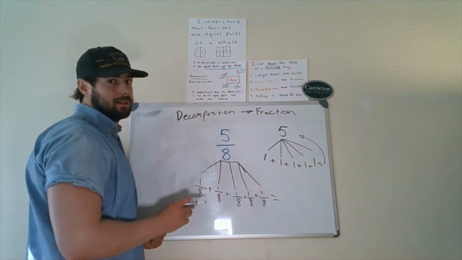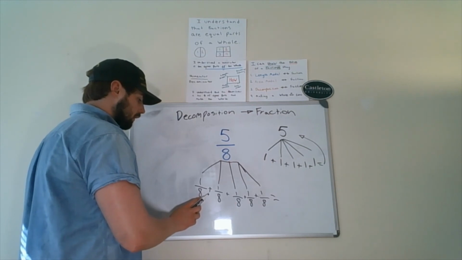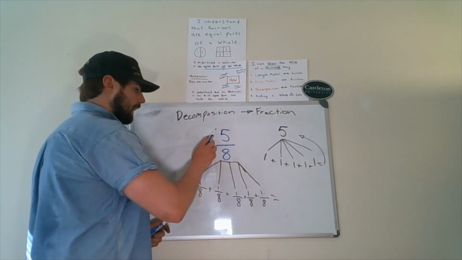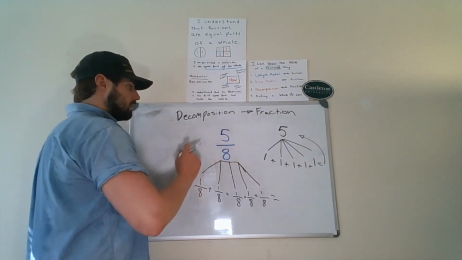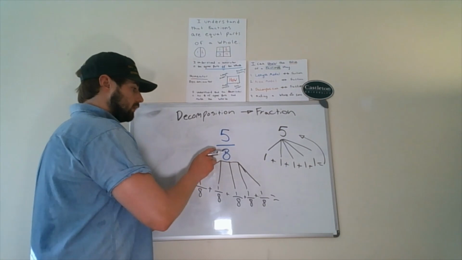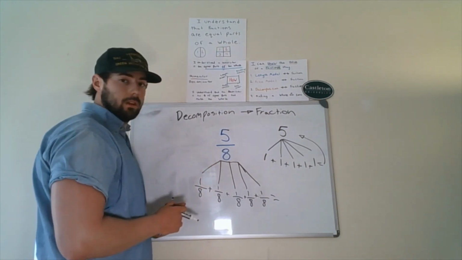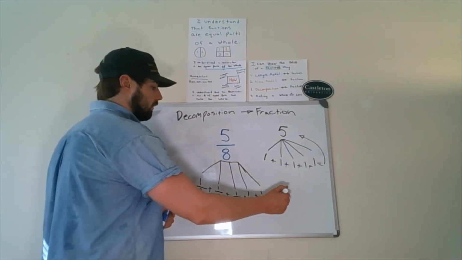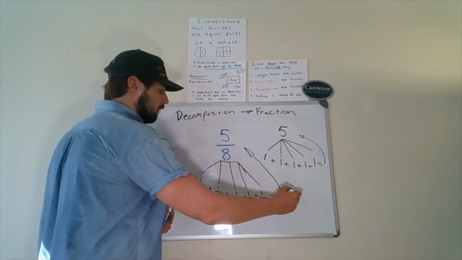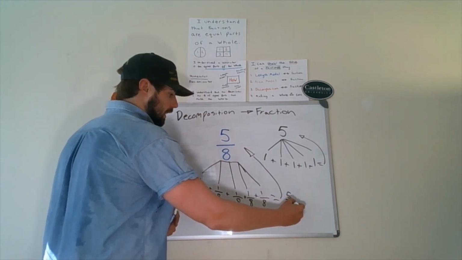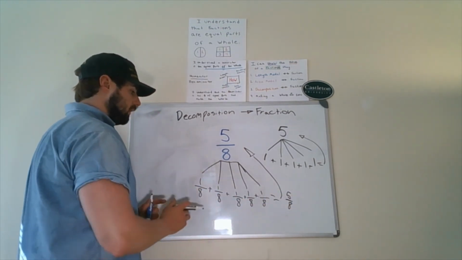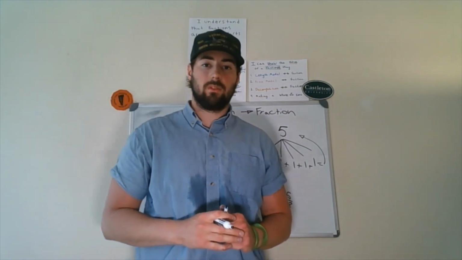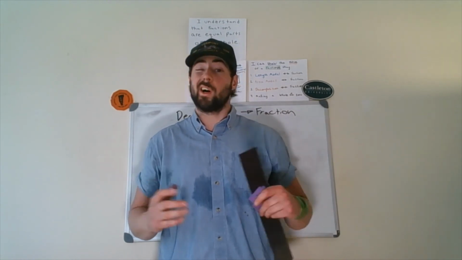Let's not add them together, let's count them together. 1/8, 2/8, 3/8, 4/8, 5/8. 5/8 are the parts of this whole, which is 8 equal parts. 1/8 plus 1/8 plus 1/8 plus 1/8 plus 1/8 would equal, or does equal, 5/8. 5/8 decomposed is 5 one-eighths. A bit confused?